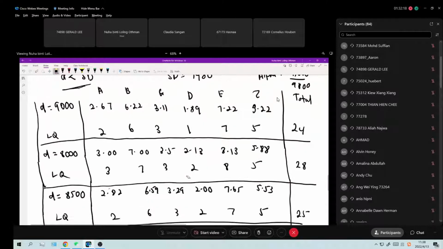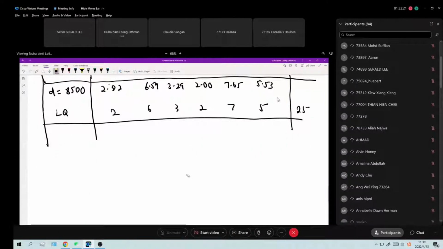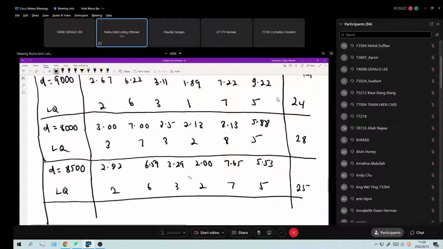I'll just go straight to the methods. Now we have another method, created by a mathematician, called Adams method.